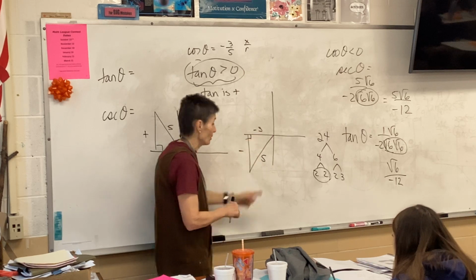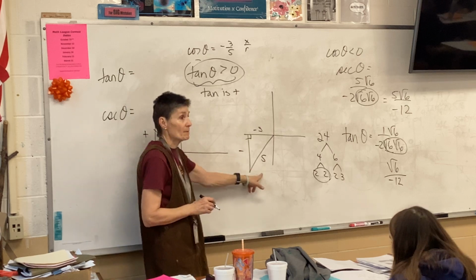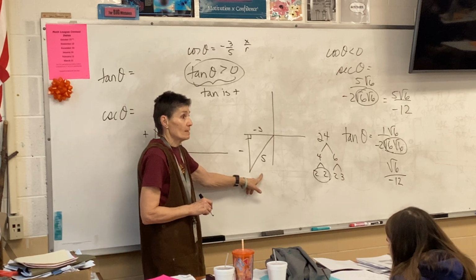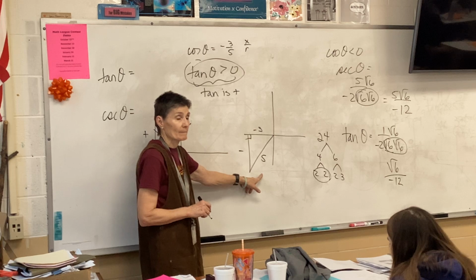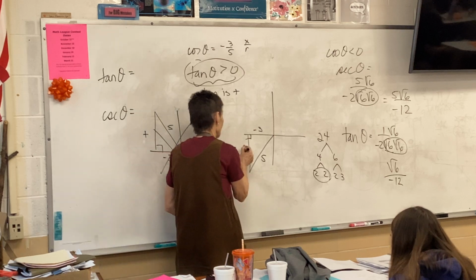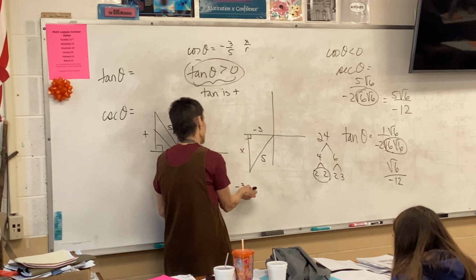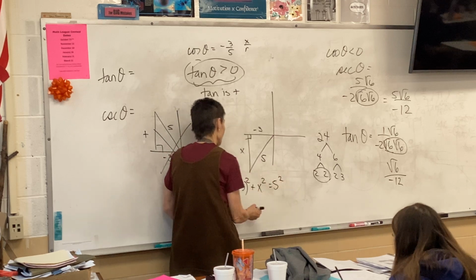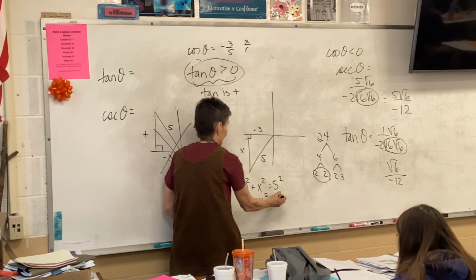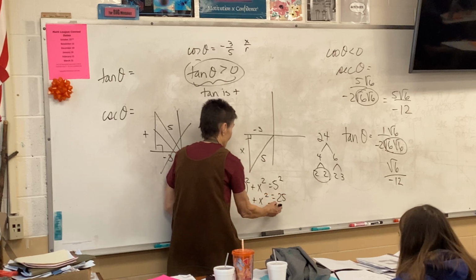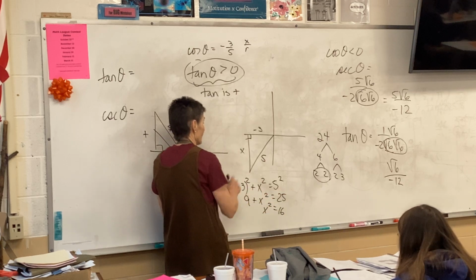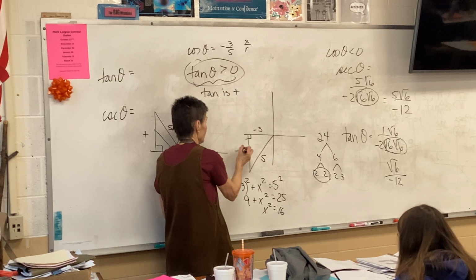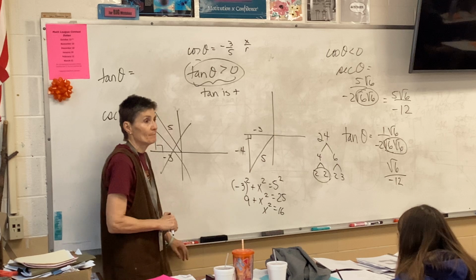This is my picture. This is not. This time I'm in quadrant 3. So here we go. I gotta find that side. Negative 3 squared plus x squared equals 5 squared. Looks like I'm getting negative 4 for that side.